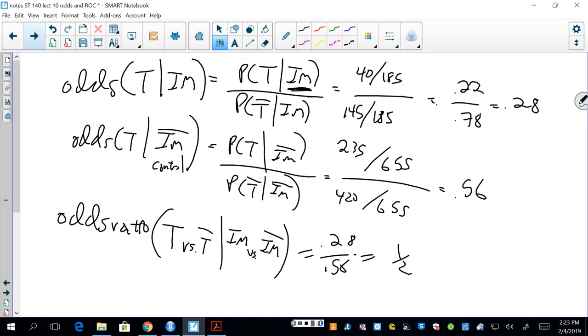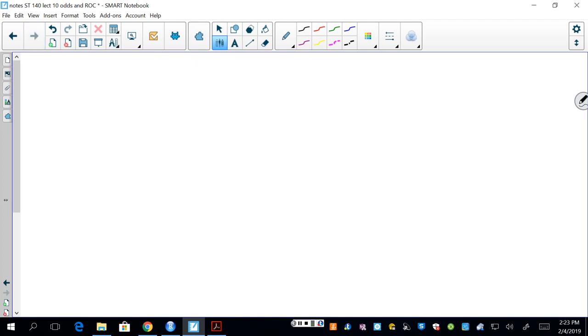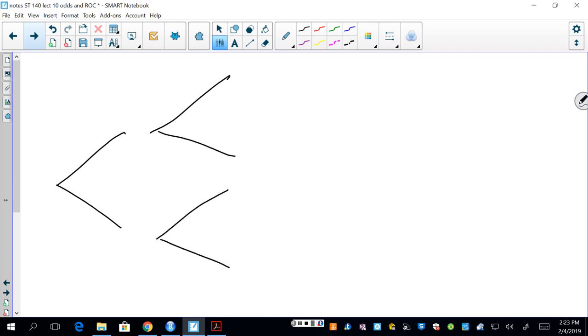So we could do sensitivity, specificity, if we could think about how we wanted to do that in this case. The other type of thing that all of these tables can always do, so you can always come up with one of our 2x2 tables, we turn them into trees. So we could split this into the mononucleosis group and the control group, and we could do the chance of T versus not T here, tonsillectomy versus not. There were 22%, or 185 out of the 840, that were that group.